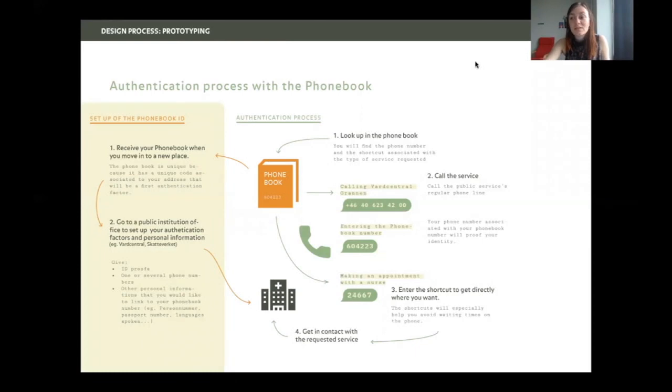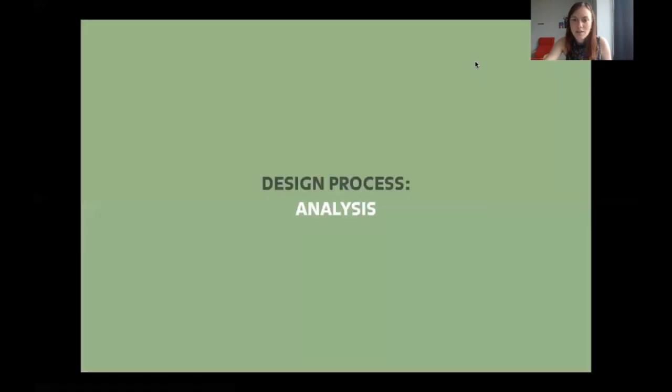So this is a sketch of the authentication process with the phone book. On one side, you have how you set up the identity, how you connect it to your phone number, and on the other side, you have how, for example, here you make an appointment in Swedish healthcare, but there could be a lot of other applications.